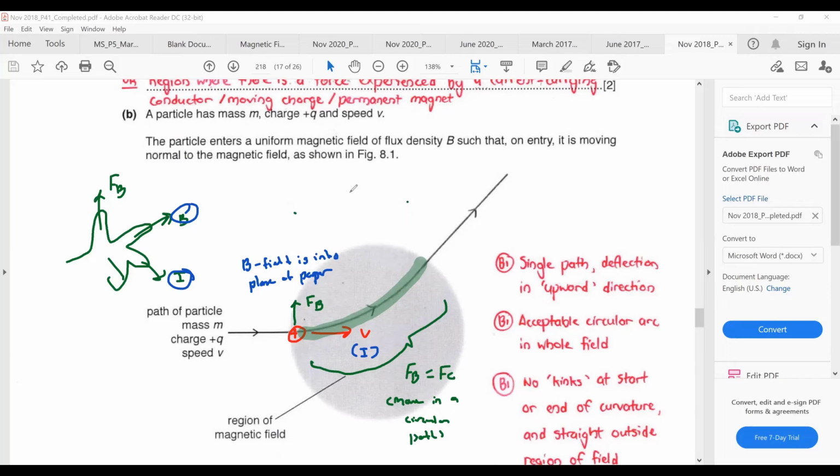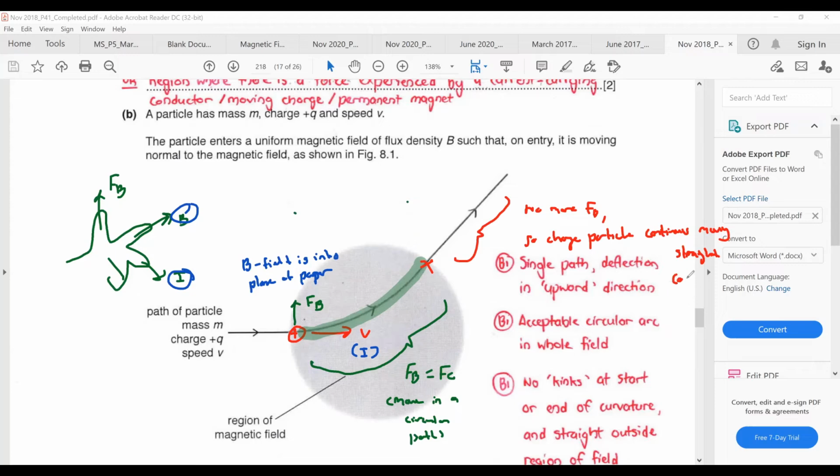But what happens after you leave the field? Okay. Now, once you leave the field, at this point here, you have no more magnetic force. So your charged particle continues moving straight according to Newton's first law.